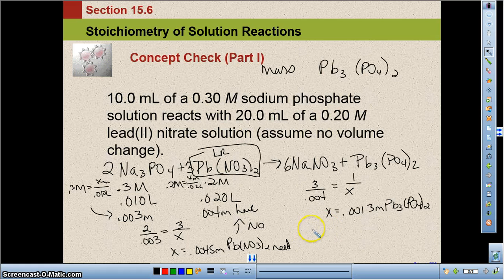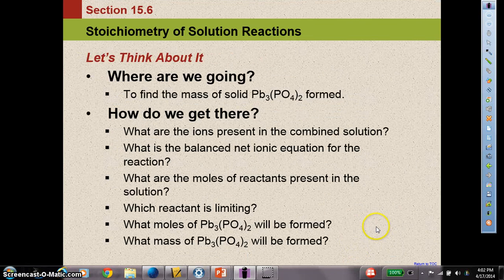I calculated the mass to be 811.54 grams per mole, so 0.0013 moles times 811.54 grams over 1 mole. Cancel my moles. And I have that I'm going to need 1.06 grams produced from this reaction.